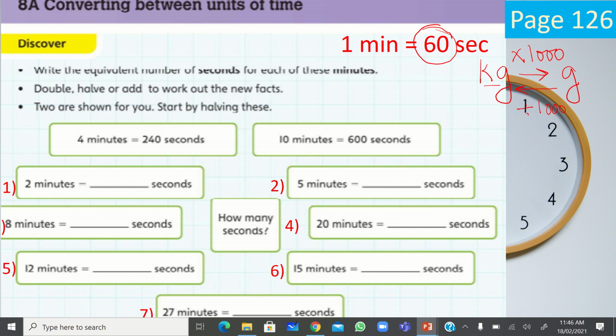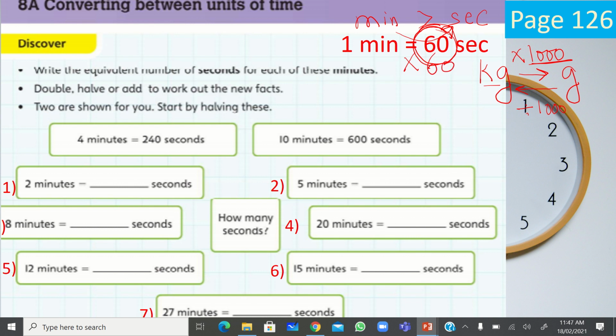But in case of time, instead of 1000, we use the number 60. Now, as minute is greater than second, and we are converting minutes to seconds, we will multiply by 60.